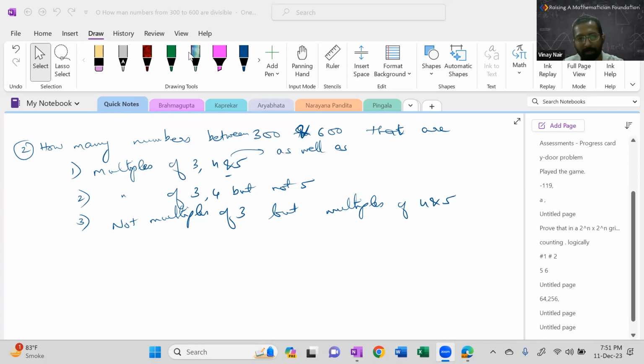Again, all different answers. Do we have to send the numbers which are multiples, or? No, just send the count, that is fine.